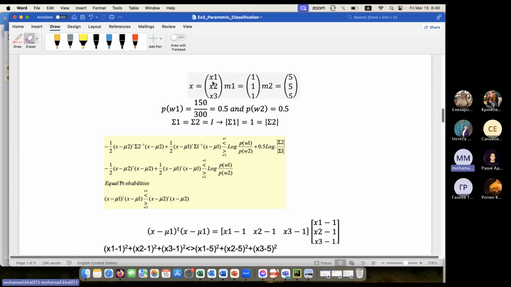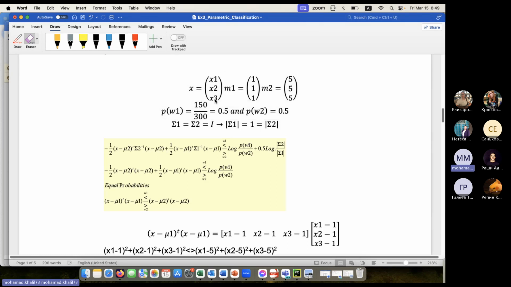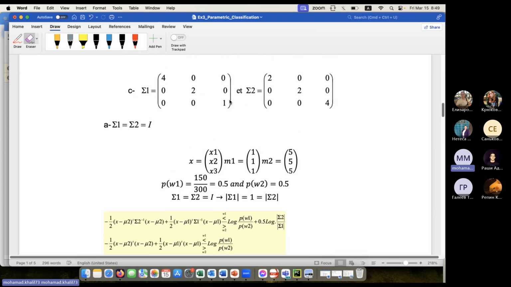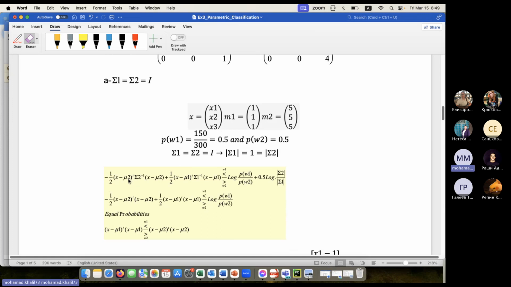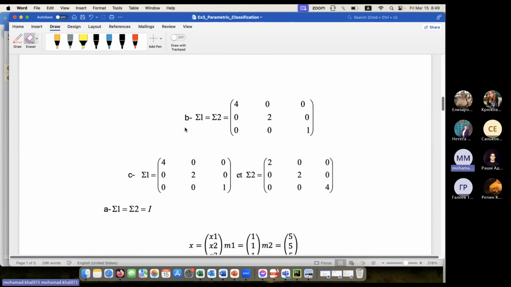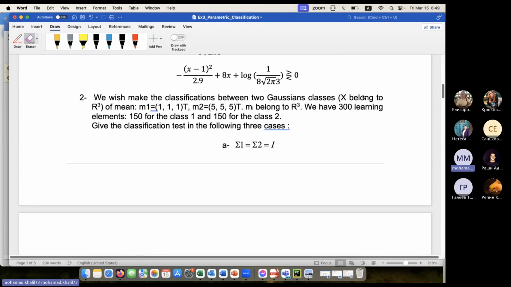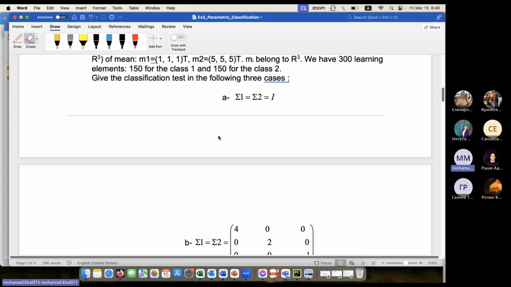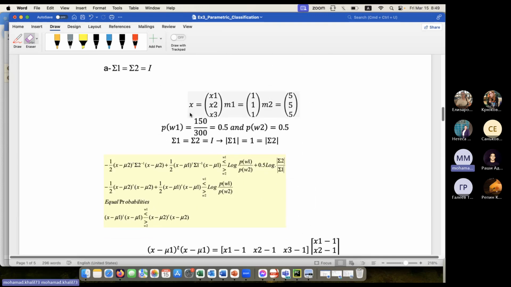What is x? x is x1, x2, x3, because x is in R3. mu1 is 1, 1, 1, and mu2 is 5, 5, 5. The probabilities P(omega 1) and P(omega 2) both equal 0.5.